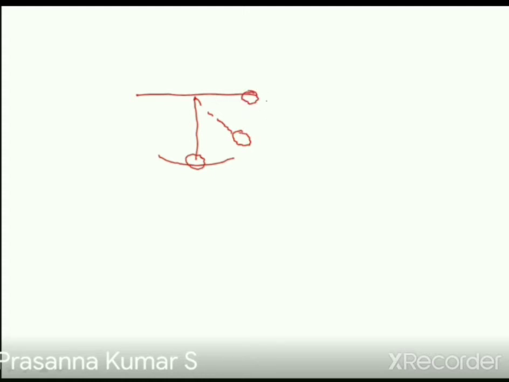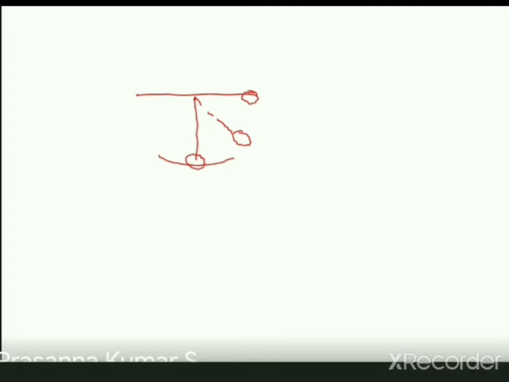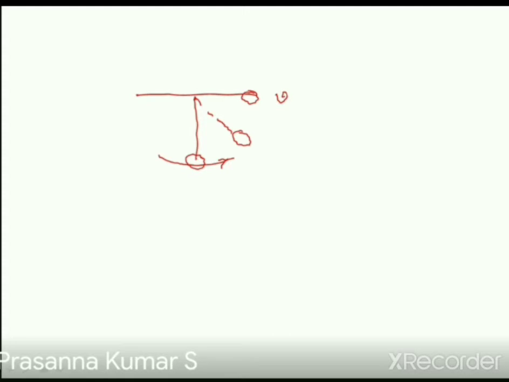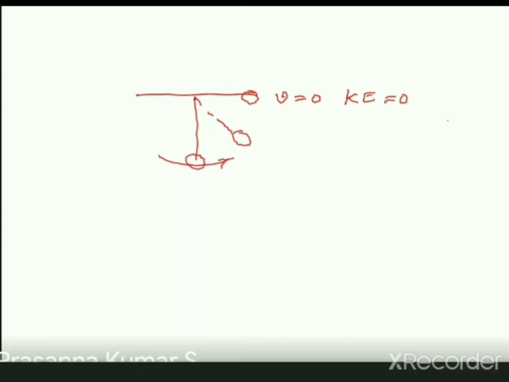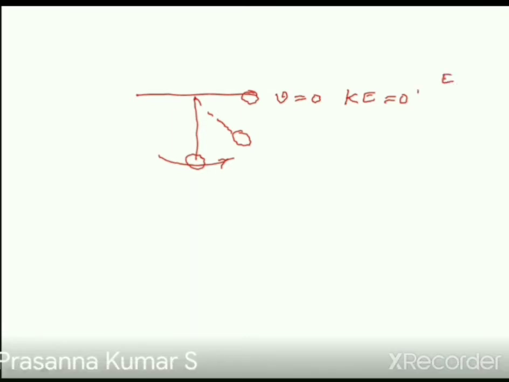So it is moving to the extreme end, it stops somewhere, meaning velocity is 0. The kinetic energy is 0 here, since it stopped. And you know that our total energy is potential and kinetic, isn't it? So the total energy, that is E, is kinetic plus potential.